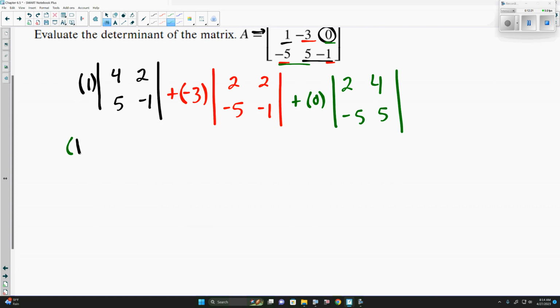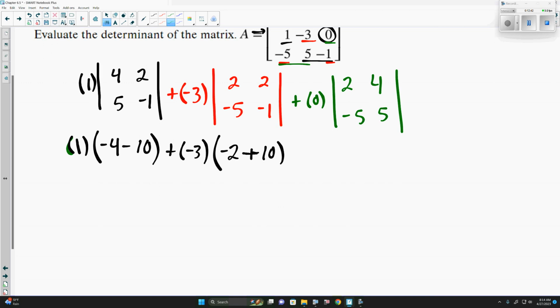And for the first one here, we'd have 1 times, because 4 times negative 1 would be negative 4, minus 2 times 5 is 10, plus negative 3. Inside, 2 times negative 1 is negative 2, minus 2 times negative 5 is negative 10, which gives us plus 10. Plus, this whole thing is 0. Well, 1 times this is just going to be negative 14.